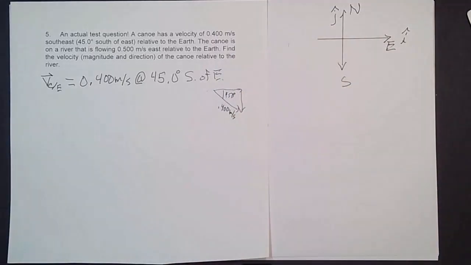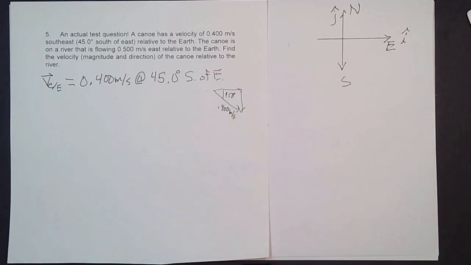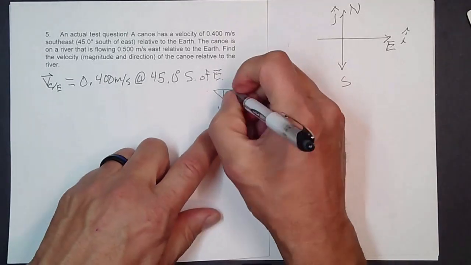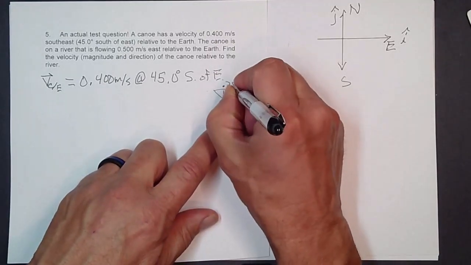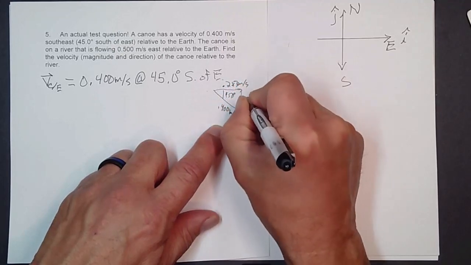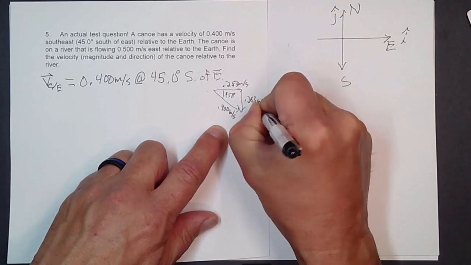Similar to the initial velocity in projectile motion, since the sine and cosine of 45 are the same thing, I'd expect both of them to be the same, and it actually comes out to 0.283 meters per second there, and 0.283 meters per second there.